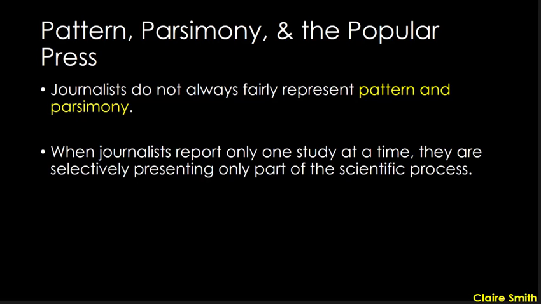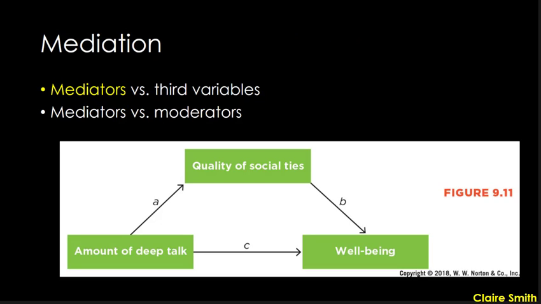All right, and the very last section here, looking at mediators, moderators, and third variables. So here we have an example of a mediator. If we have a relationship between two variables, often we're trying to figure out why this is happening, right? So amount of deep talk increases well-being.